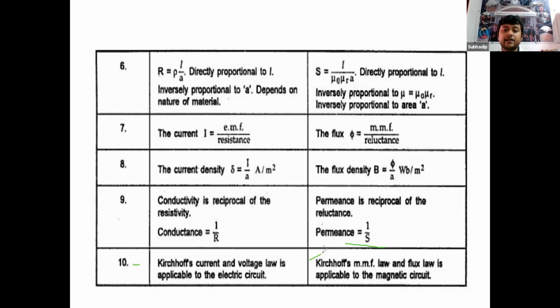In the case of the magnetic circuit, Kirchhoff's MMF law and flux law are applicable to the magnetic circuits. Now move on to the next slide.